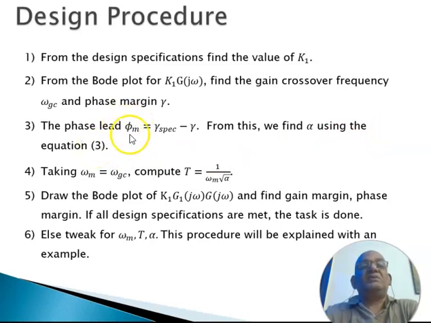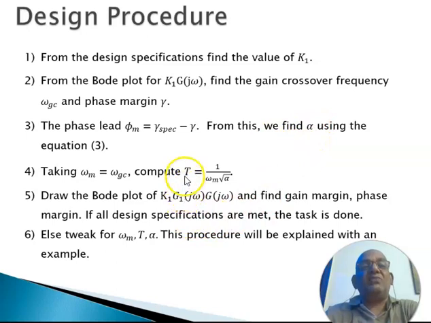That is, you first find the phase margin of the existing system, and then you find the phase margin that you need. The difference, gamma specified minus gamma, is the phase lead. Once you know the phase lead, we can find alpha.